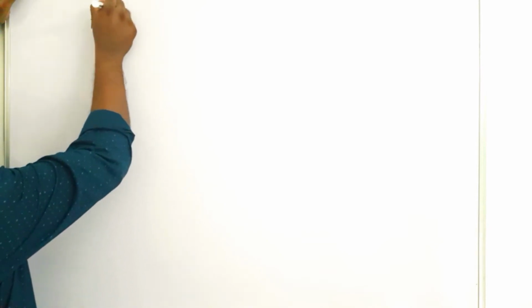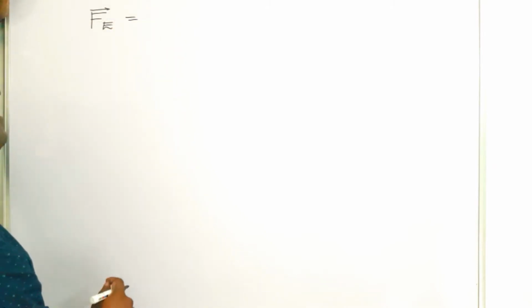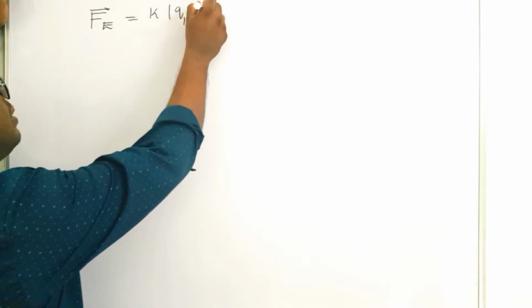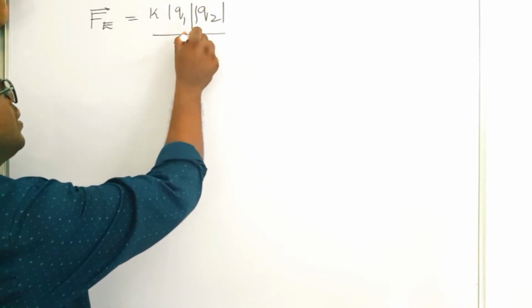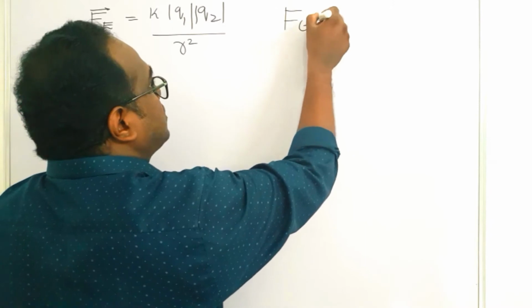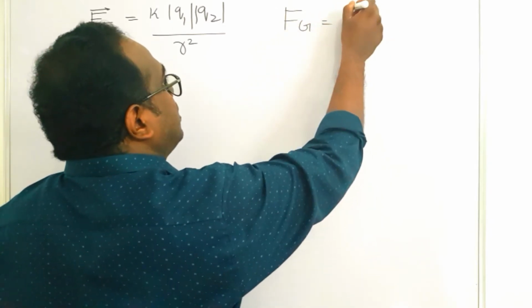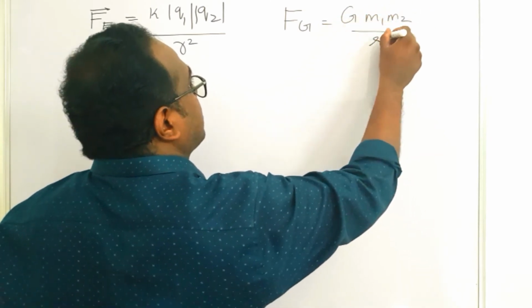I will take it as electrostatic force. Electrostatic force is equal to K Q1 Q2 by R square. Correct? Fg, gravitational force, is equal to G m1 m2 by R square.